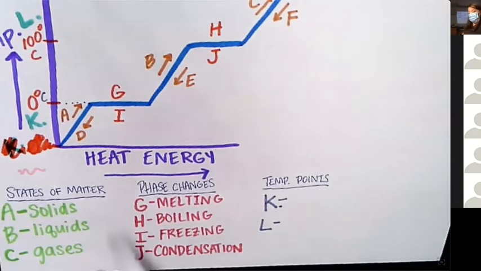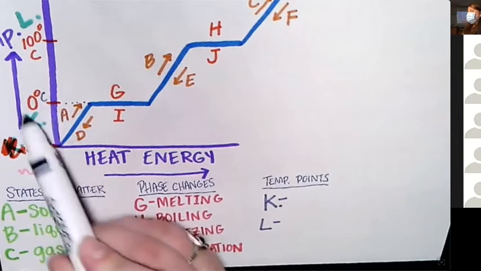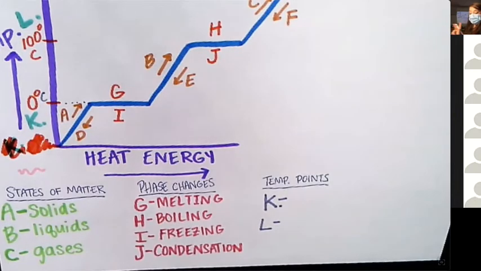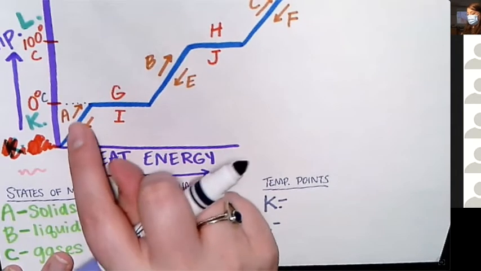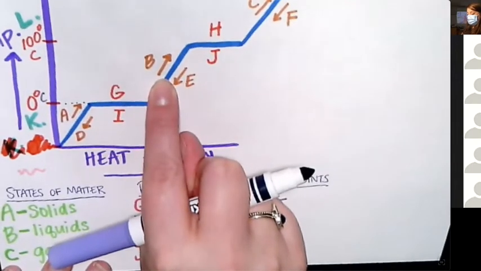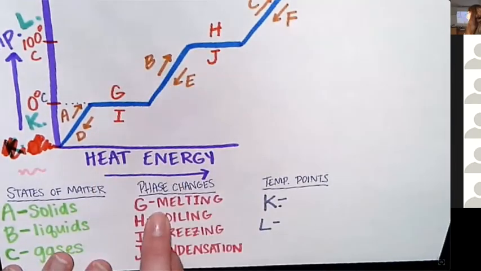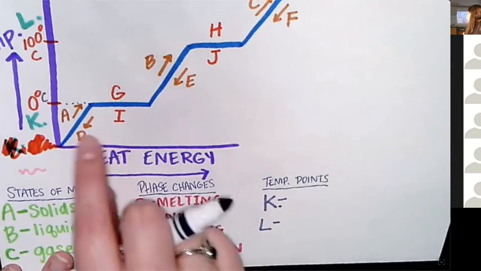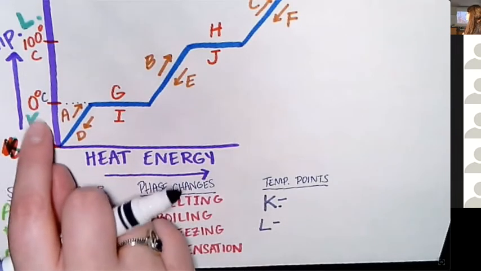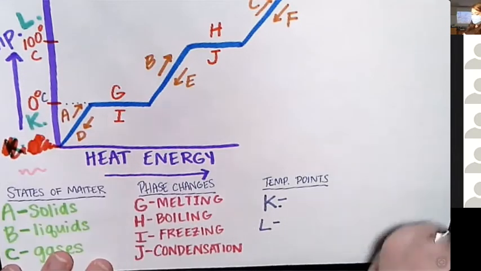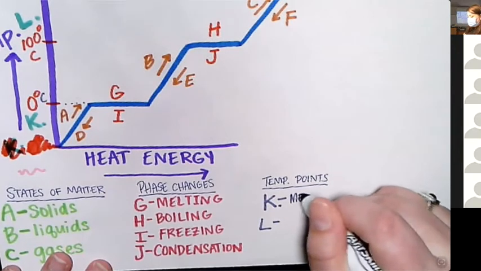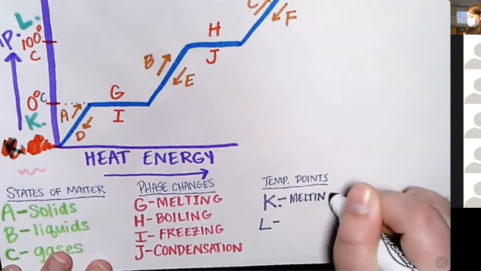So here's what's happening at K, at 0 degrees Celsius. Here's two things that are happening. If we are going up the graph from A to B, this process right here is melting. So what K is, the 0 degrees, this is your melting, and we're going to put a slash.